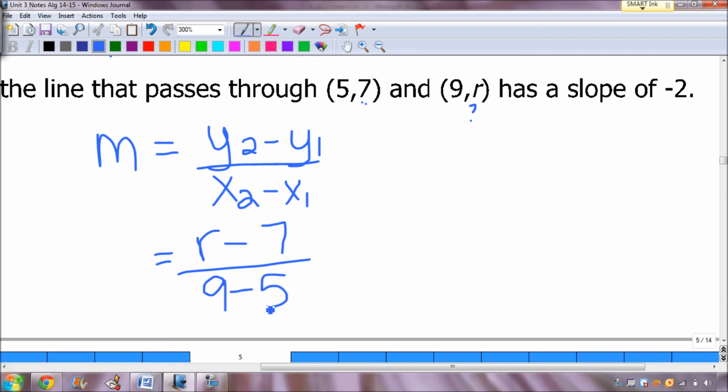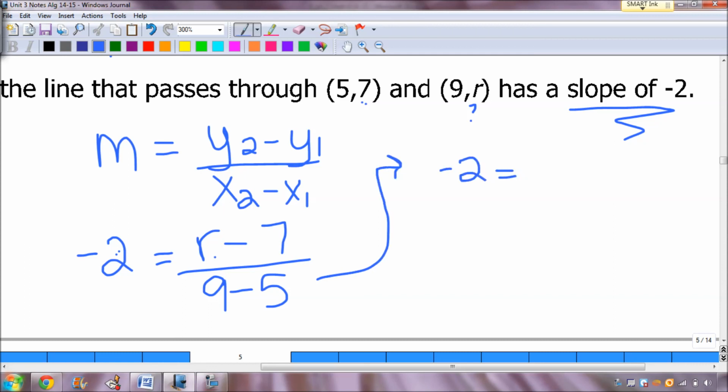Now, I have a variable here, which means I can't have a variable here because I don't know how to solve equations with two variables yet. So what information is given to me? Well, I know the slope is negative 2, so I have to fill in that m is negative 2 down there, okay? Hopefully that makes sense to you. So now all I have to do is just go through and solve this. So I end up getting negative 2 equals r minus 7 all over 4.